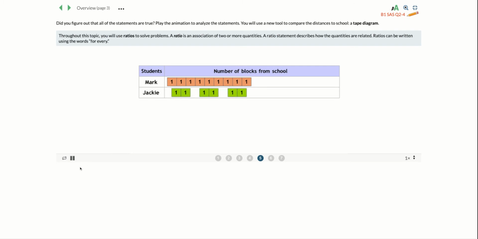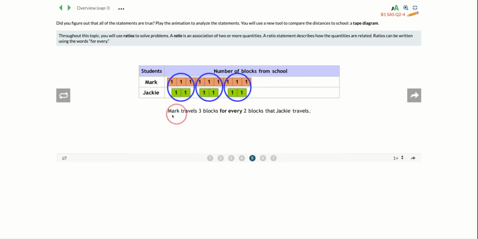What else could we take a look at? We could compare Mark and Jackie's. So the statement that talks about Mark traveling 3 blocks for every 2 blocks that Jackie travels, we can see here that Mark has traveled 3 blocks while Jackie has just traveled 2. Another 3 blocks by Mark is just 2 blocks for Jackie, and so on.